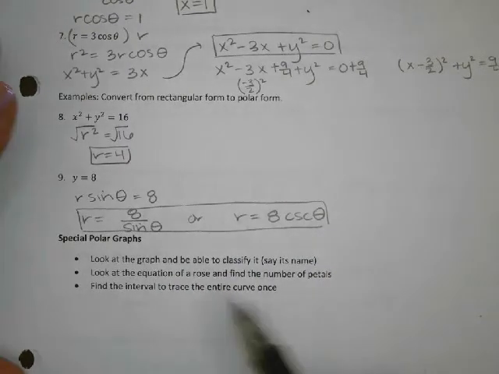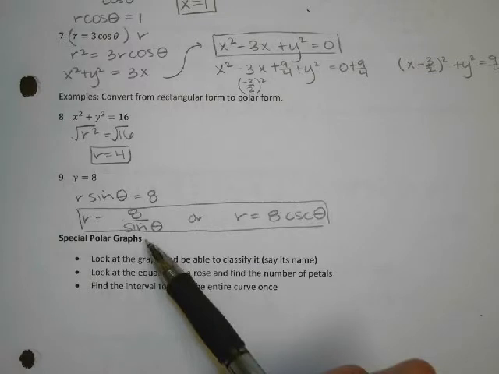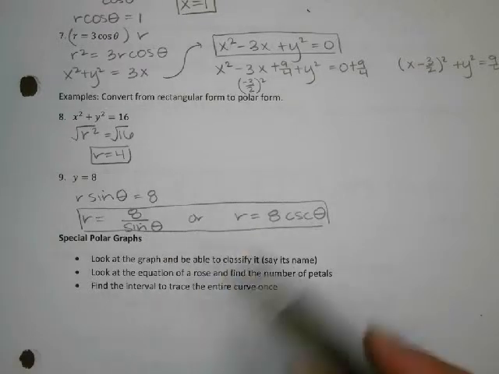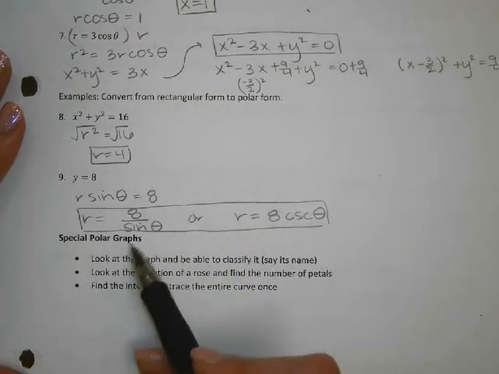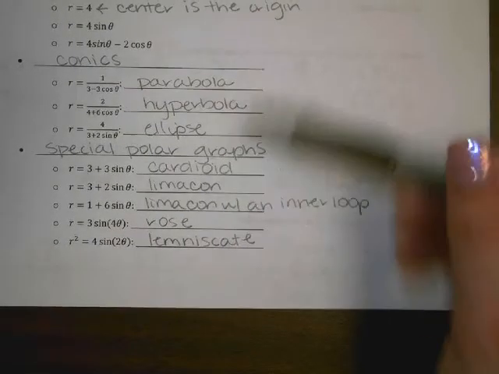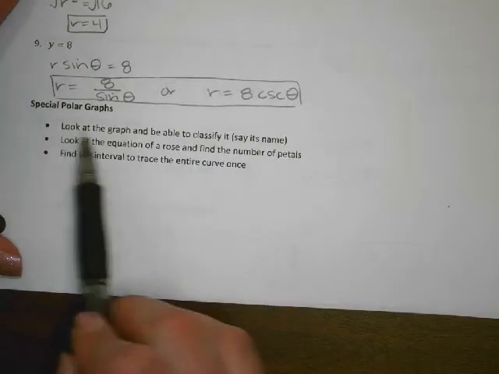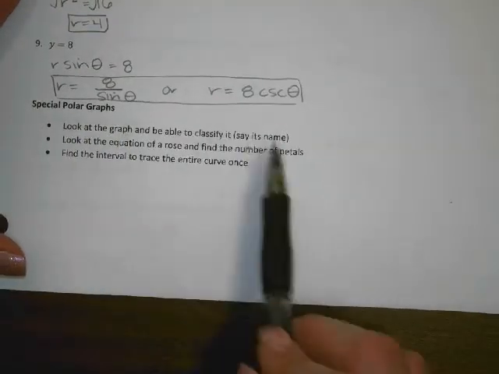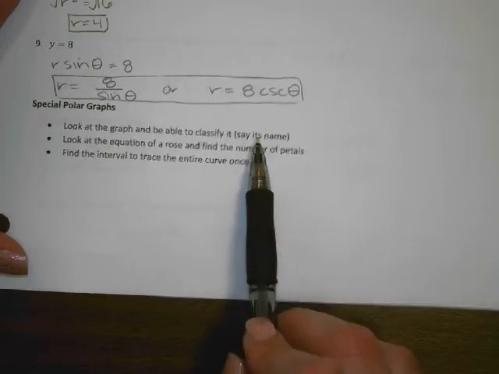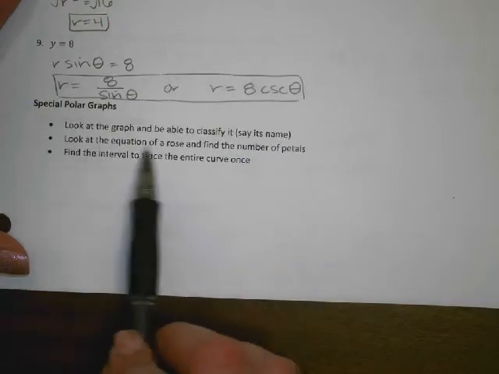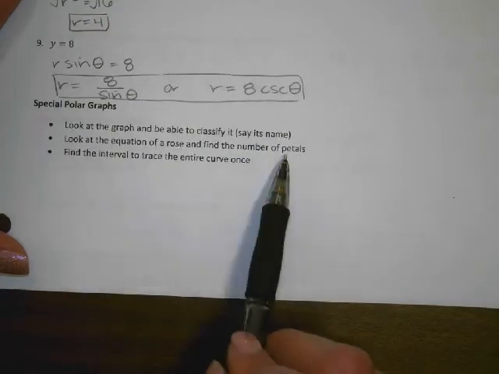All right, so we'll talk about this more in class when it comes up within the context of the class, but as far as the special polar graphs, so those ones that I showed you guys the pictures of, not these ones right here, you're going to need to be able to look at the graph and see the shape and say its name. You're going to need to be able to classify it. You're going to need to be able to look at the equation of a rose and know how many petals it has.